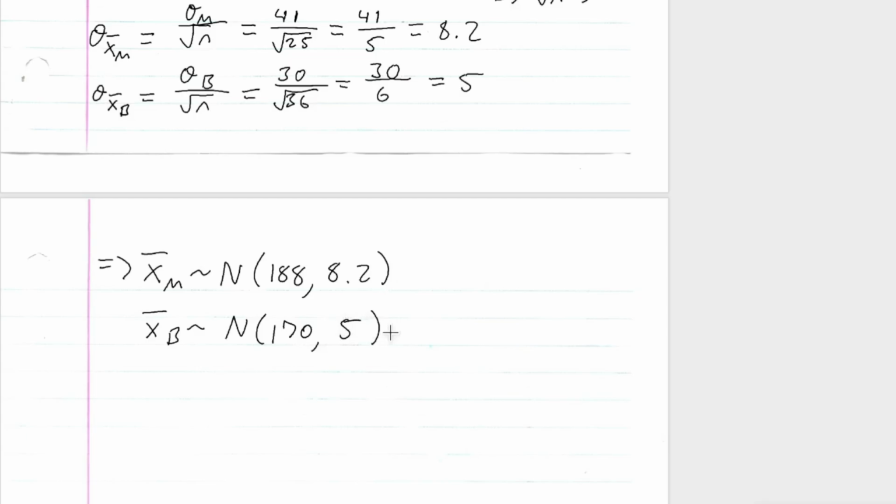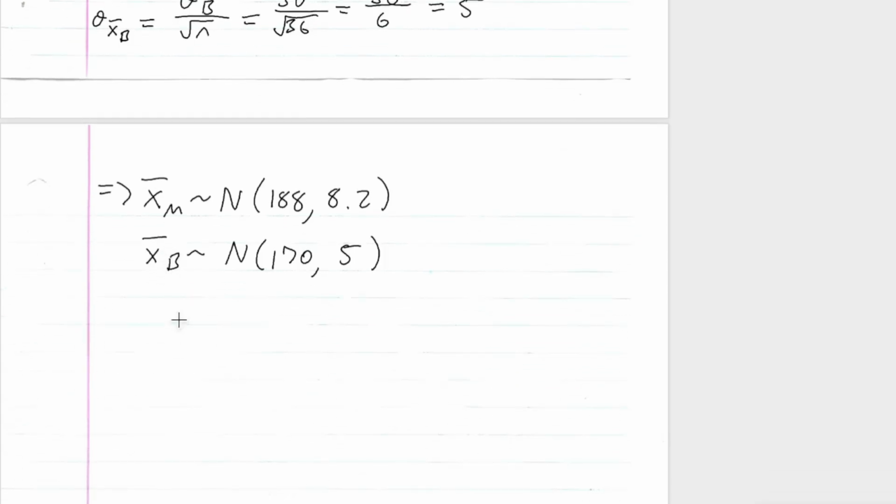All right, so now I have my random variable for the sample mean of the men and the sample mean of the boys. Now they want me to find x bar m minus x bar b. This follows a normal distribution, where we need the mean and the standard deviation of x bar m minus x bar b. So now let's find these.